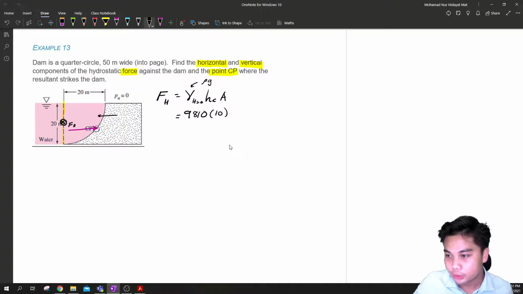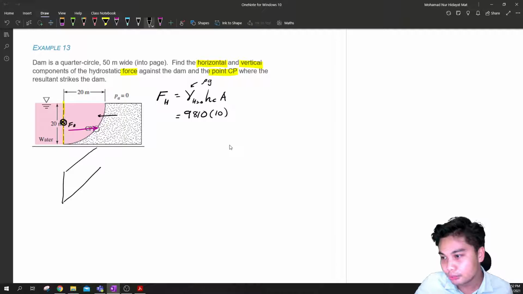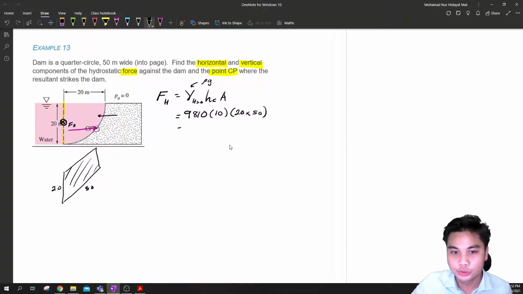When we draw it like this, it is into the page, which is 50, and this is the height of 20. So the area is 20 multiplied by 50. You will get roughly 97.9 multiplied by 10 to the power of 6 Newton.